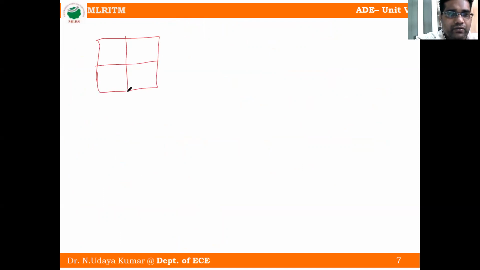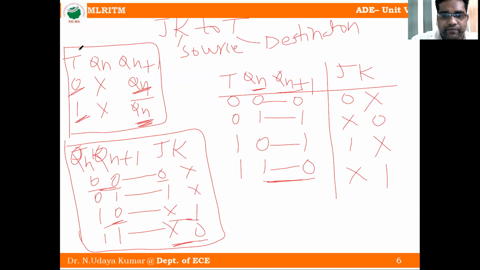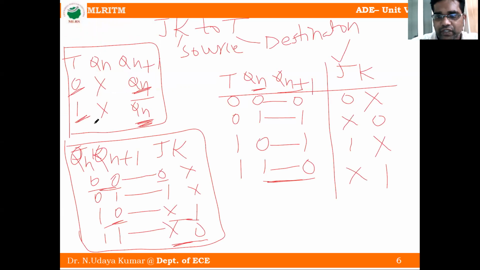Okay, we will find the expression for J, with T and Qn. So first we will find the expression for J. So we have to find the expression for J. Don't care here: when will it occur?